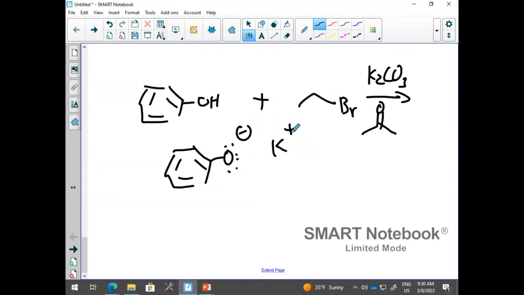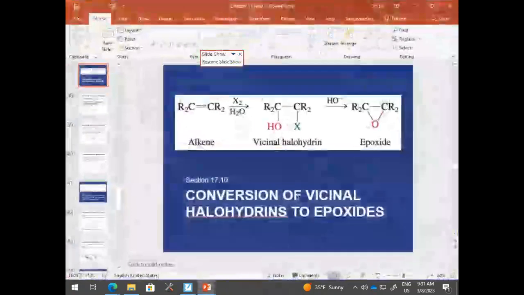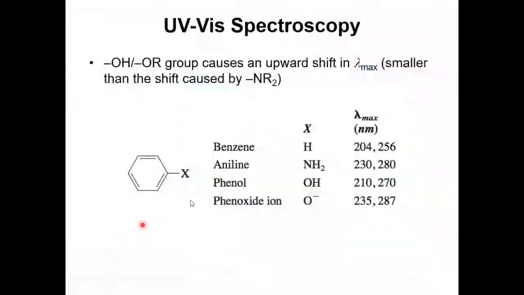Whenever you see an alkaline metal salt, the alkaline metal part is always a spectator ion. So it is basically only the phenoxide that matters. And because of its absorption, the phenoxide's lambda maximum wavelength is sizably longer than the neutral phenol. So although its absorption is in the UV part, its absorption tail can go a little bit into the visible part.